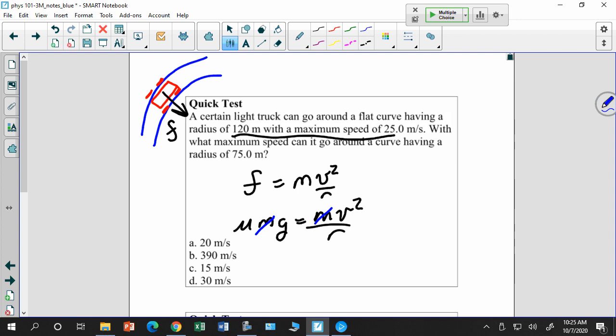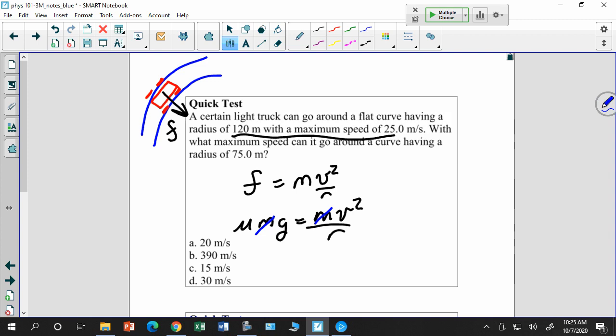Now, if it's banked, it becomes a lot more complicated. And we'll look at some conceptual questions about the banking of curves. The first thing that it does is it changes your normal force, and then it also provides another centripetal force. Let's ask that question, sort of as an aside.